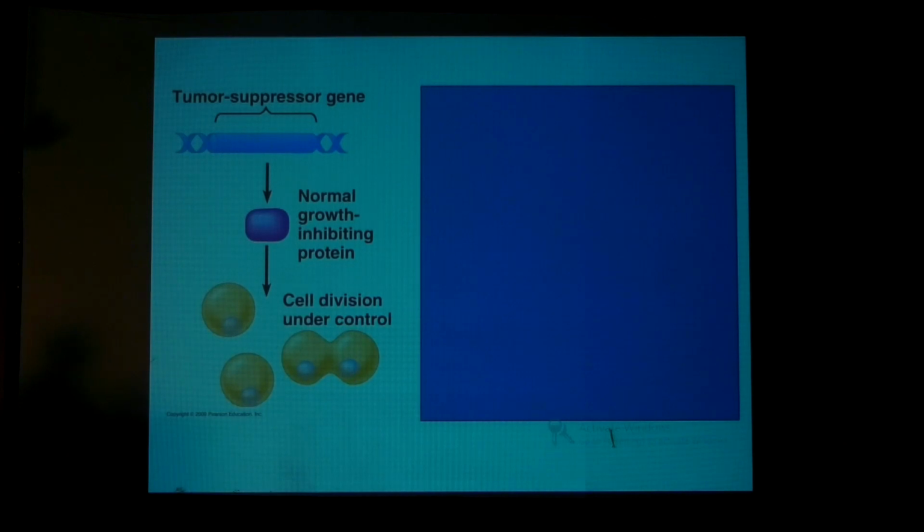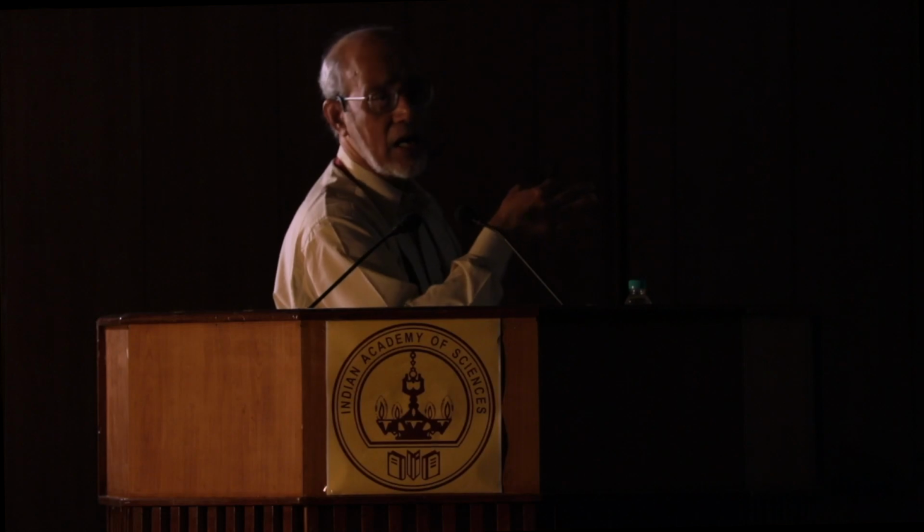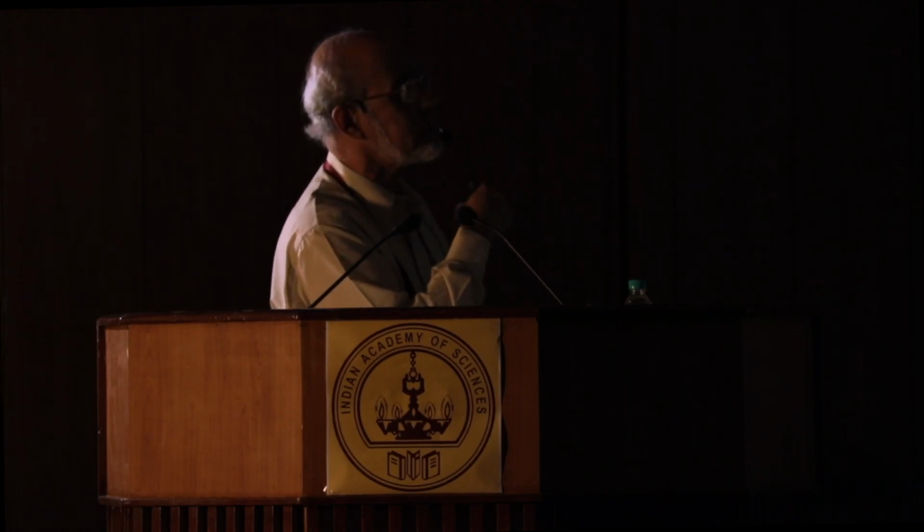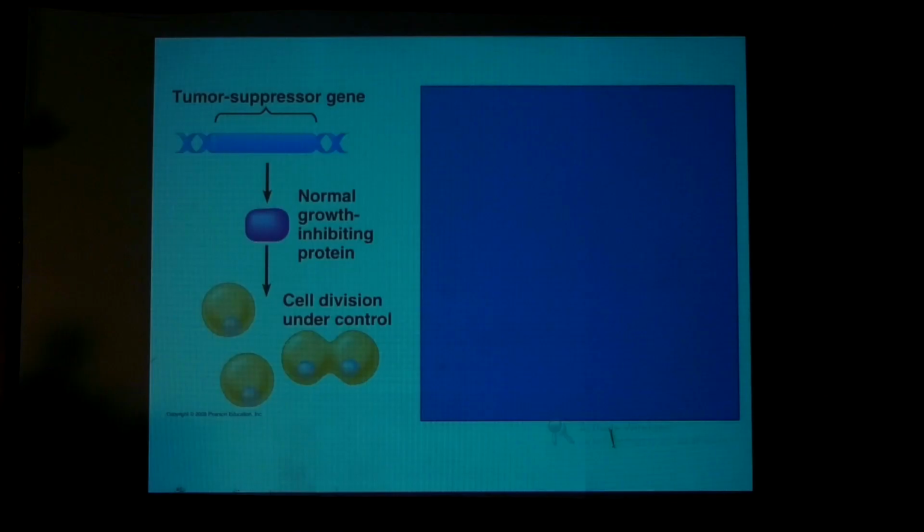These variants can take place in two different kinds of genes. So let me introduce to you the two different kinds of genes that are important in the context of cancer. One is called tumor suppressor genes. These genes usually express certain proteins that prevent the formation of cancer, that prevent the formation of a tumor.